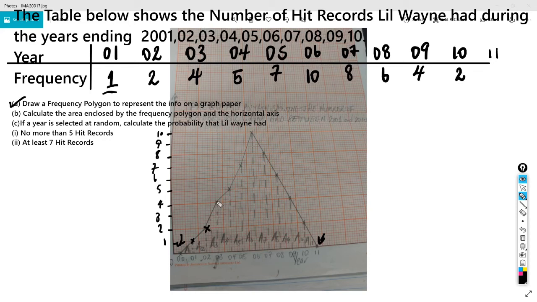Then 4 to 2003, no, it's not 5 to 2005, it's 5 to 2004, then 7 to 2005, then 10 to 2006, 8 to 2007, 6 to 2008, 4 to 2009, and 2 to 2010.